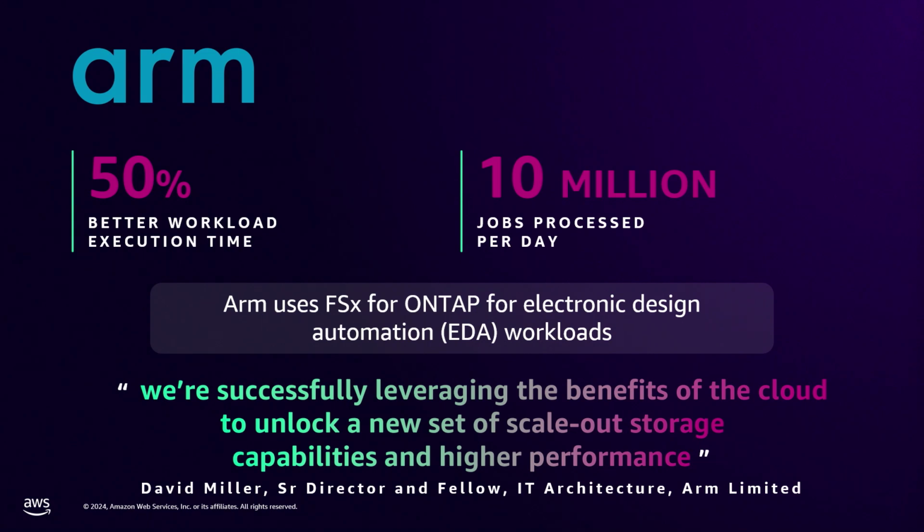Using FSx for ONTAP, ARM managed to achieve 50% better workload execution time relative to what they were using on-prem. They were able to scale up to 10 million jobs or EDA job sets per day, which are one of the atomic units of EDA workflows. All in all, they were able to leverage FSx for ONTAP to benefit from the agility benefits of the cloud and to unlock a new set of scale-out capabilities.